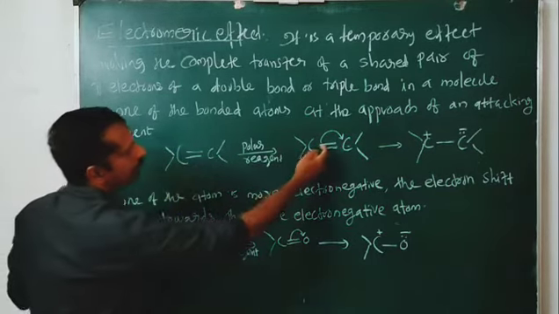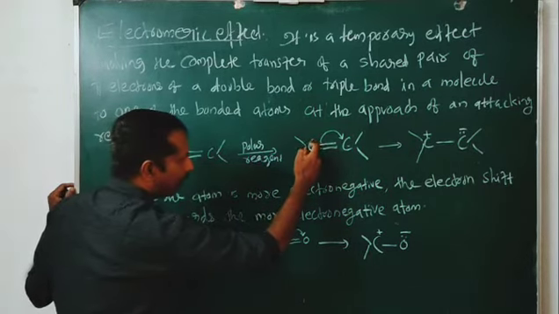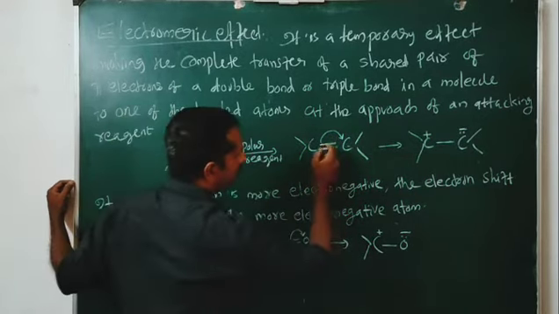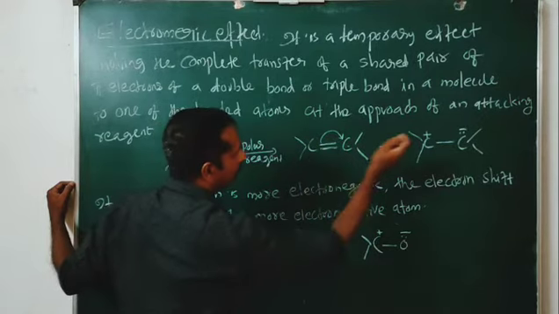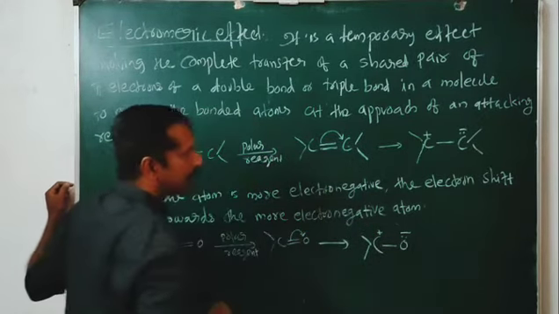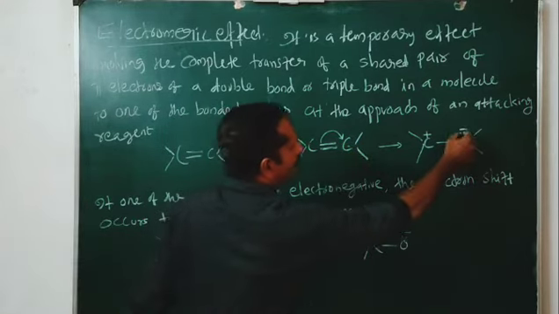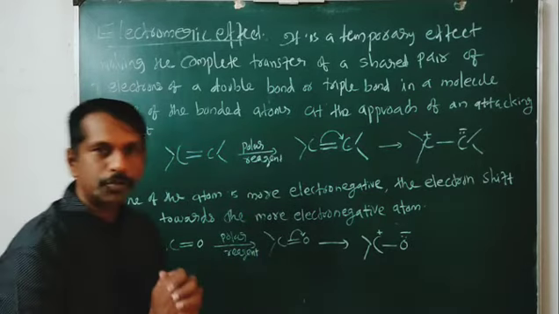That means this pi bond is shifting, or breaking, from this carbon and it will move towards this carbon. Therefore, since the electrons are moving away from this carbon, it is getting a complete positive charge, and the other atom is getting a pair of electrons and a negative charge. This effect is known as electromeric effect.